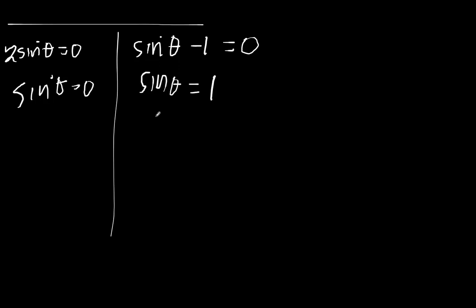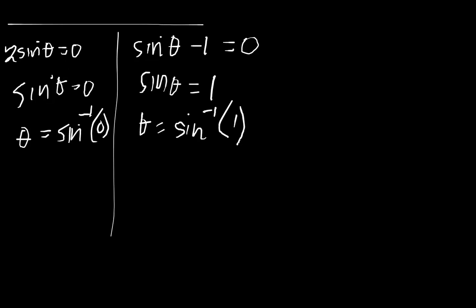Here we go. So we have 2 equations that we're going to deal with. We know that theta is equal to the inverse sine of 0. Dito naman, theta is the inverse sine of 1. And what are the values of theta that would make sine theta equal 0?